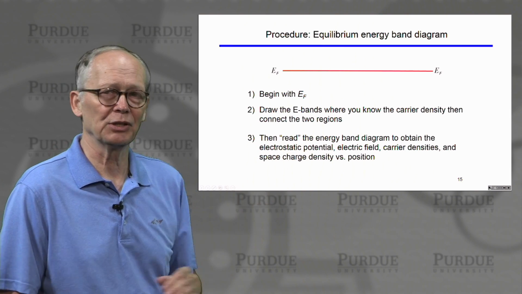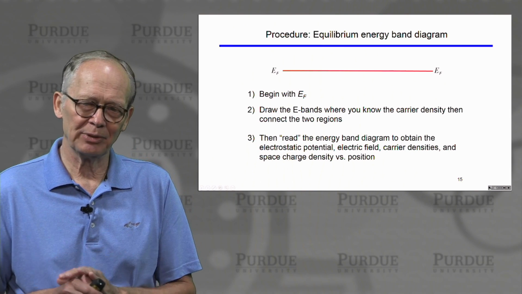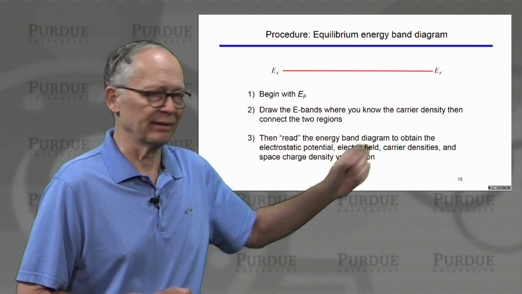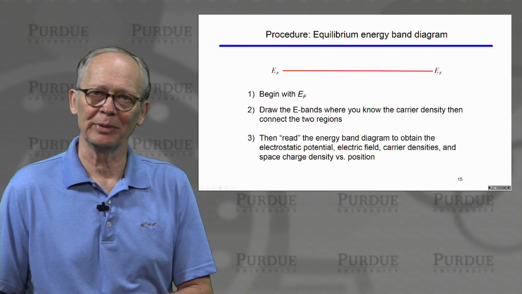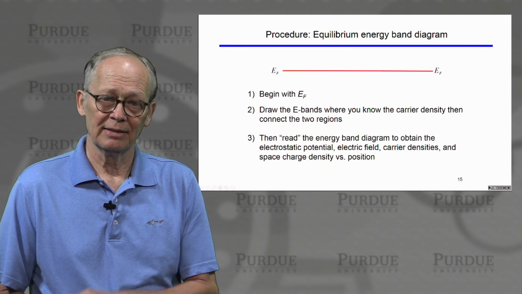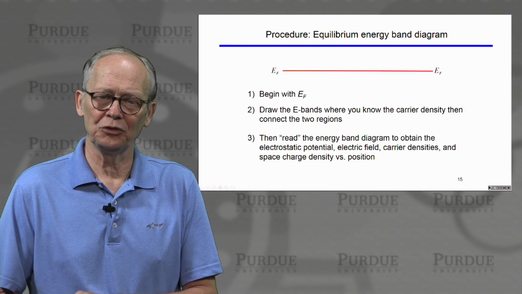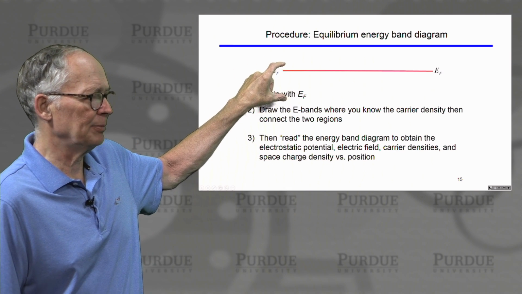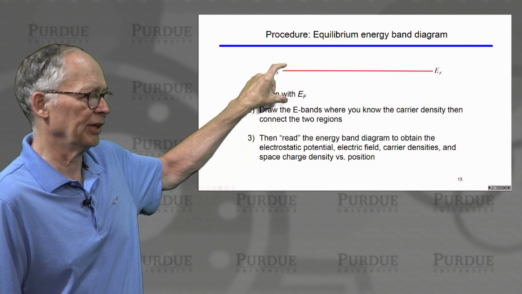Well, the first thing we do is we remember in equilibrium, the Fermi energy is constant, so I'd simply draw a straight line. That's my equilibrium Fermi energy. Okay. The next step would be to draw the bands where we know them. So we know that the semiconductor is N-type, far from that junction over here on the left.